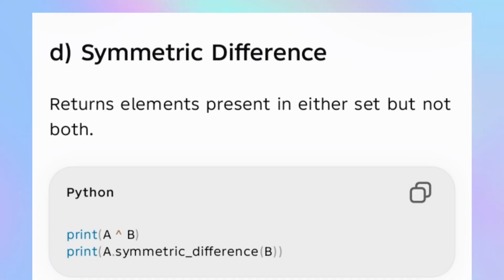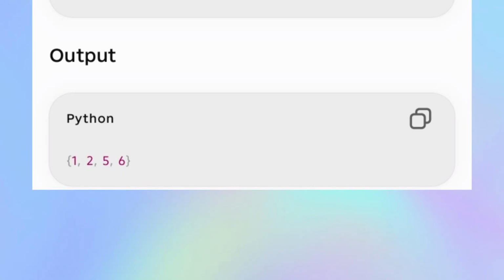Print A and B. Print the symmetric difference of A and B. The condition is to return the elements present in either set but not both. Let's see the output. 1, 2, 5, 6.